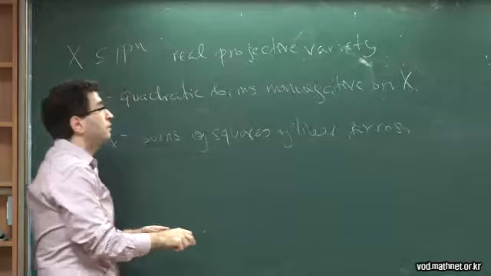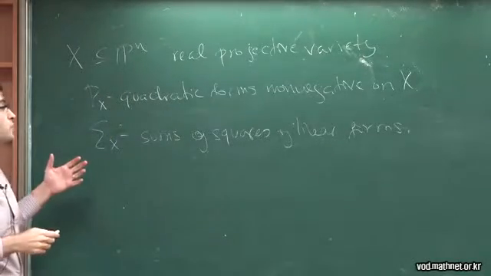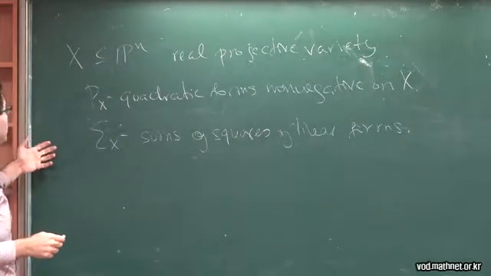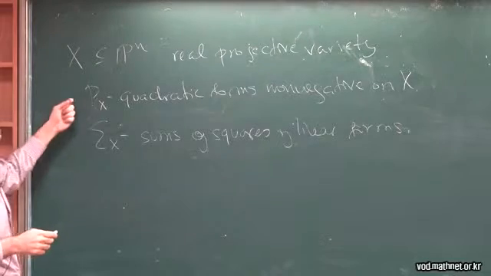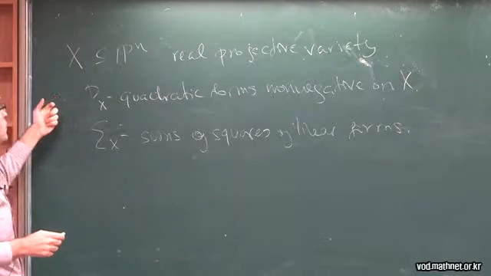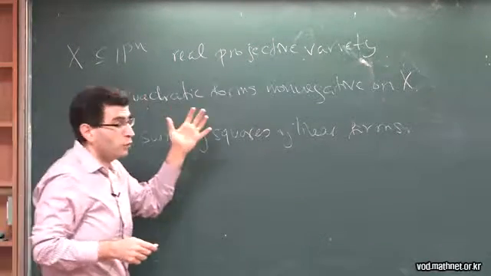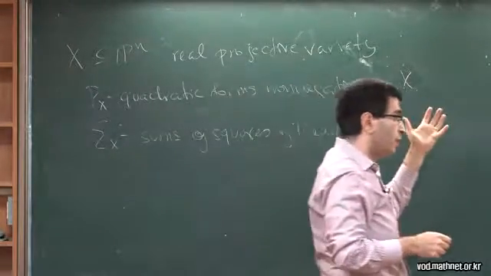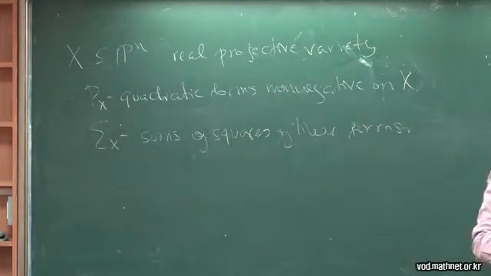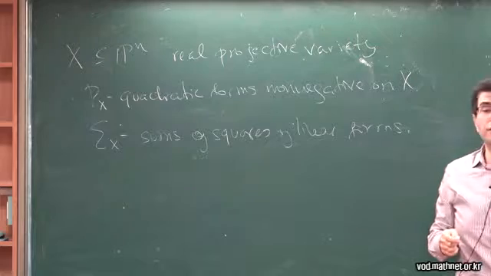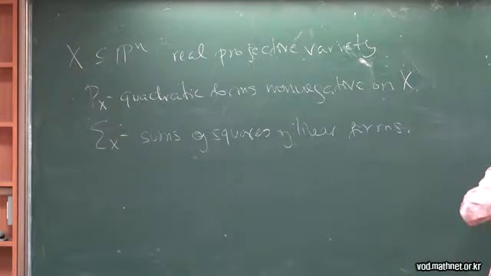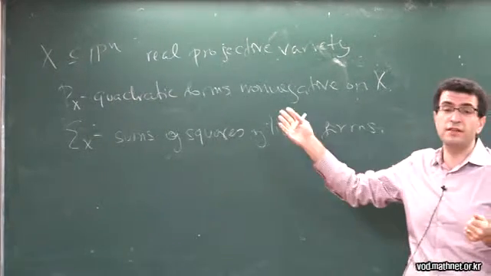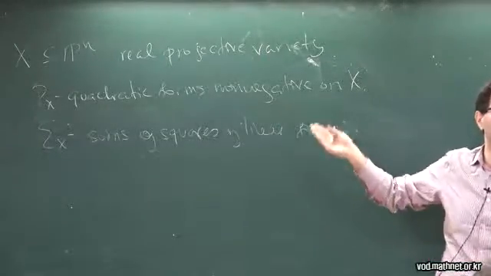Okay, so maybe one thing that I should say: does it even make sense for me to talk about something being non-negative on a projective variety? Because you cannot evaluate on a projective variety, right? Evaluation doesn't make sense. These things are equivalence classes, right? So let's make sure that this definition actually has some meaning to it.